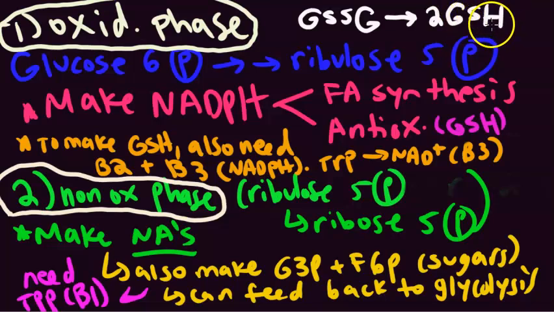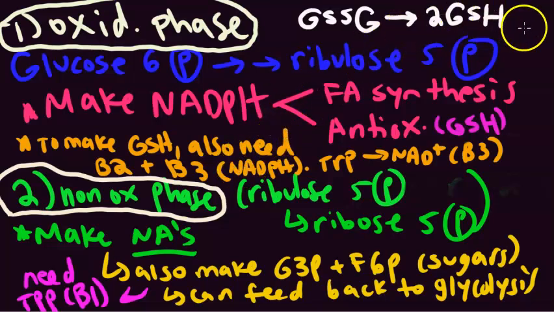That's what you need the NADPH for. It's this process that you need the NADPH, which is made from the oxidative phase of the pentose phosphate pathway. It's this reduced form here. It's this process, right, that to convert from the oxidized to reduced form, that you need the NADPH for, and the B2 and B3 for.